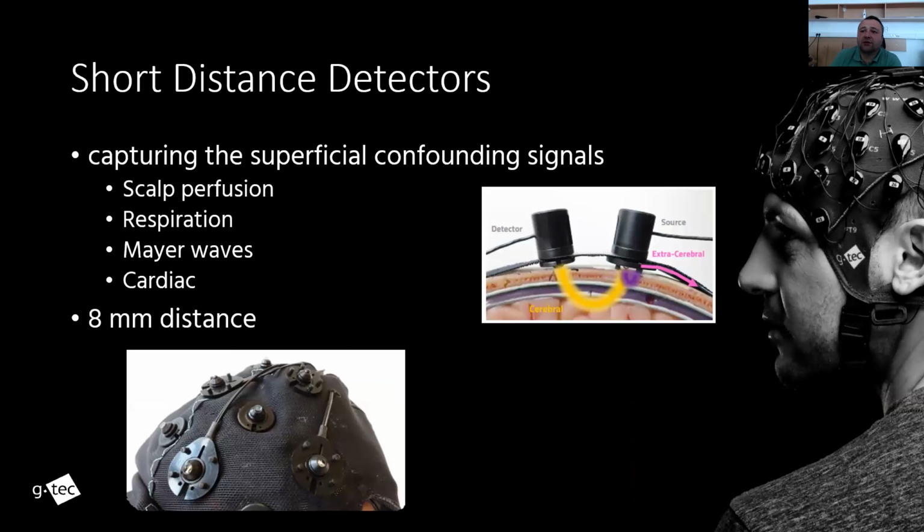Earlier, I discussed something about the short channel detectors. The short channel detectors in NIRX pick up the extracerebral signals close to the source and route these signals to an available detector channel through miniaturized fiber optics.